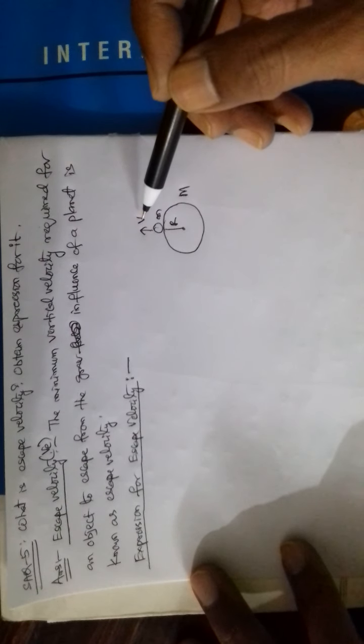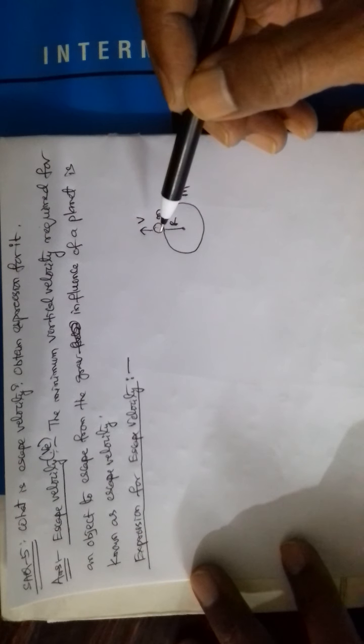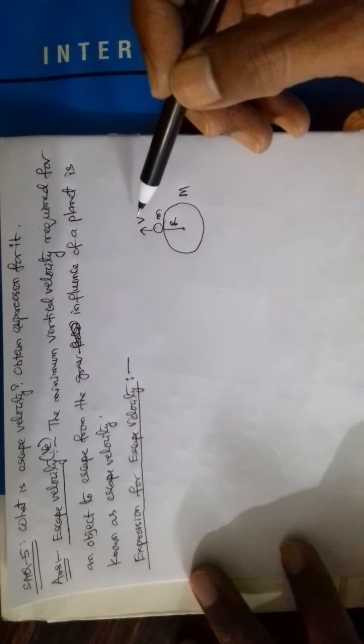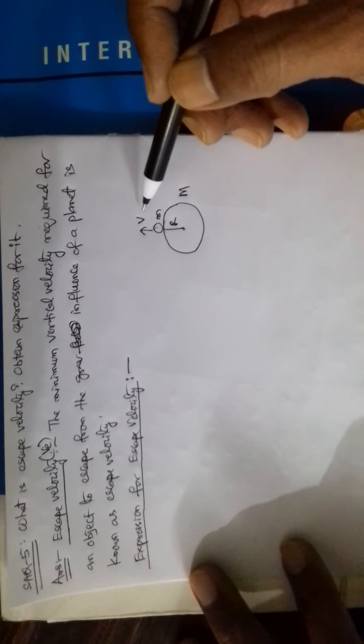But you have to throw it with such a velocity so that it doesn't come back. So with what velocity should we throw? That velocity is called escape velocity, and let us derive the expression for the escape velocity.